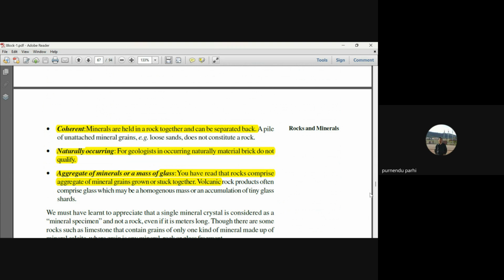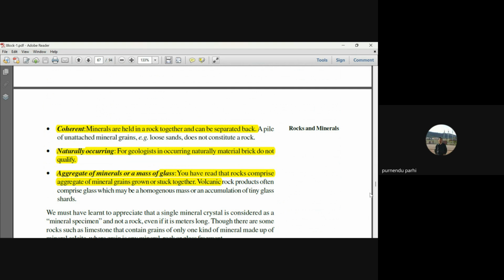Coherent minerals are held together in a rock and can be separated back. A pile of unattached mineral grains, like loose sand, does not constitute rock. Rock must be naturally occurring. For geologists, man-made material such as brick does not qualify under naturally occurring rock.